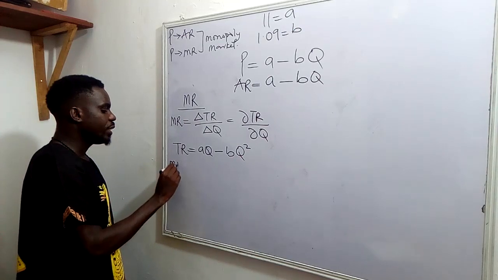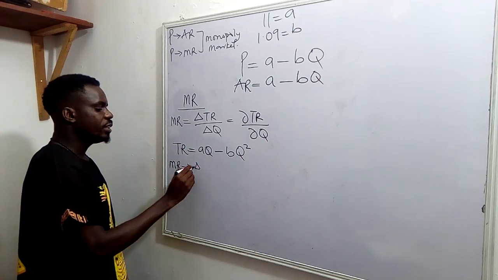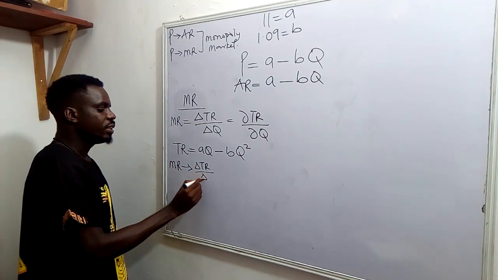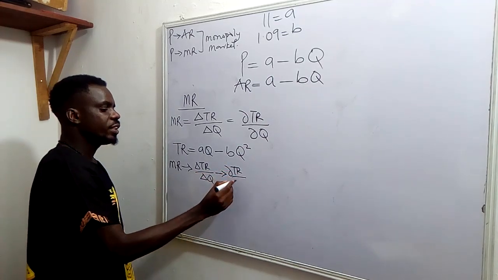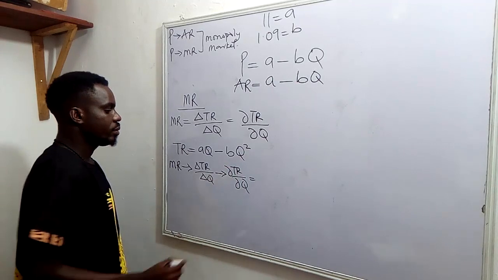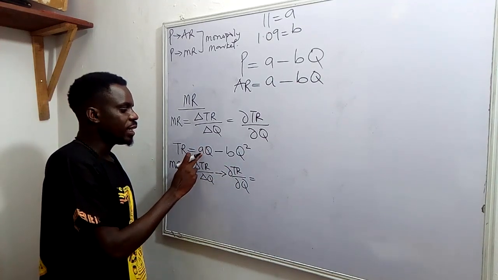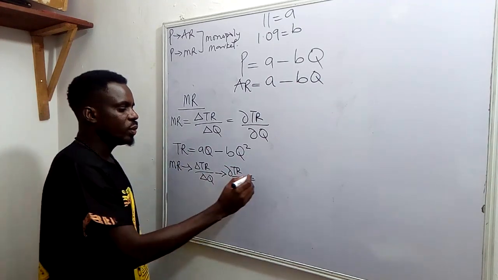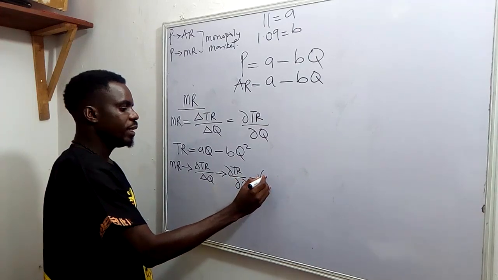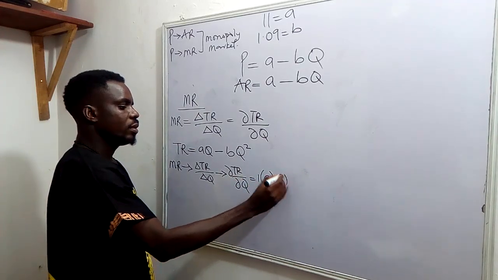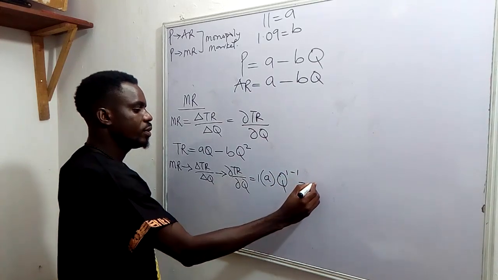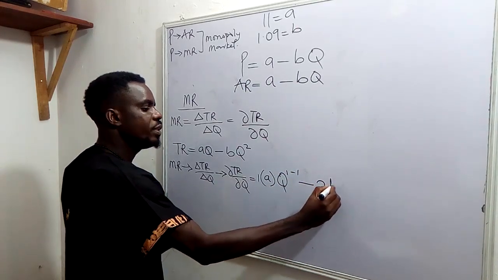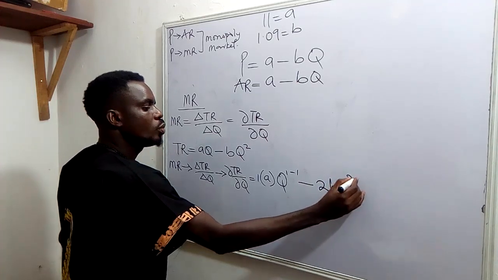Then marginal revenue, which is change in total revenue with respect to change in Q, or dTR/dQ, is 1 multiplied by A, Q raised to power 1 minus 1, minus 2 multiplied by B, Q raised to power 2 minus 1.